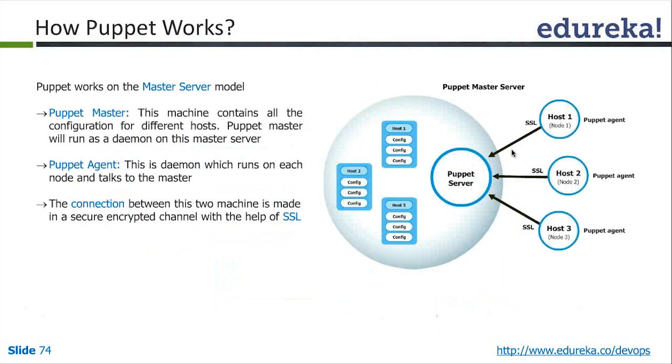This middleware could be anything. I don't know whether you are aware of tools like RabbitMQ, and you must have heard that IBM had a big tool called MQ Series. It is the middleware which defines how much you can scale. I think Puppet is using something they have developed on their own.